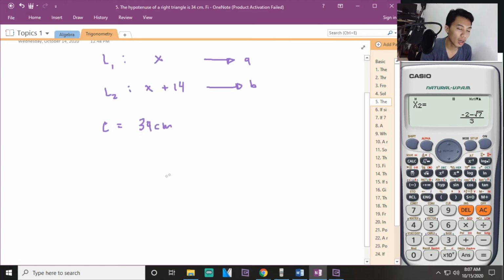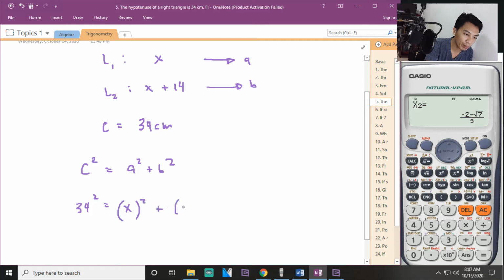So, by following the Pythagorean theorem, c squared is equal to a squared plus b squared. Now, let's substitute the values. 34 squared equal to x squared plus x plus 14 squared.